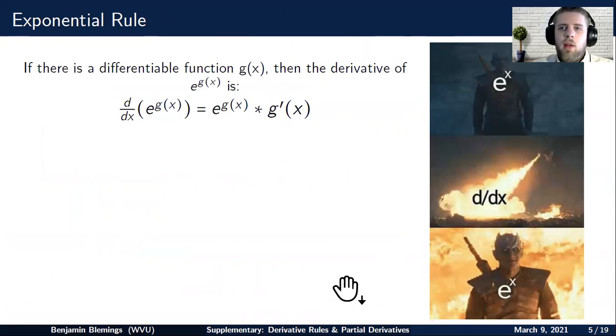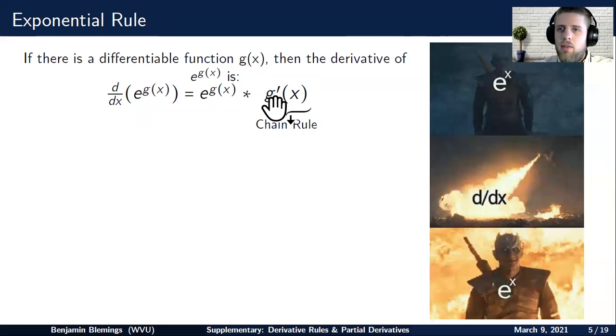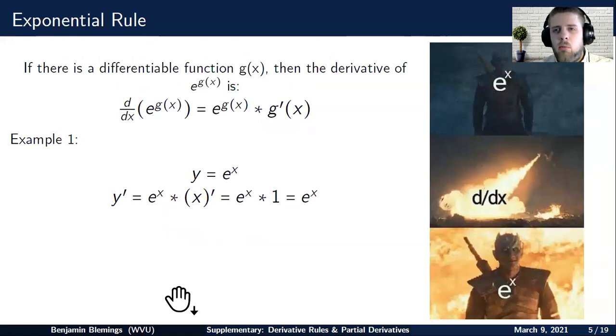The next thing we have is the exponent rule. If there's a differentiable function g of x, then the derivative of e, which is just a number, to the g of x is e to the g of x times g prime of x. This is the chain rule right here. Example one will make this more interpretable for you.